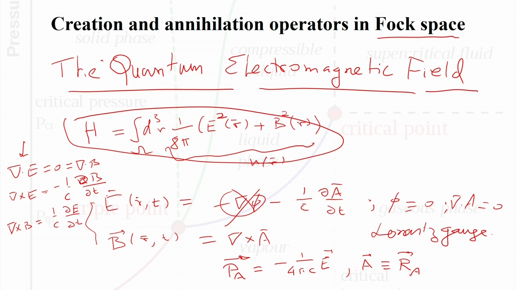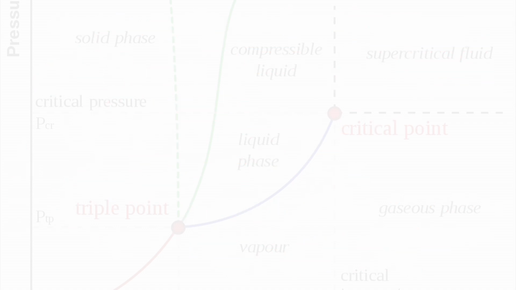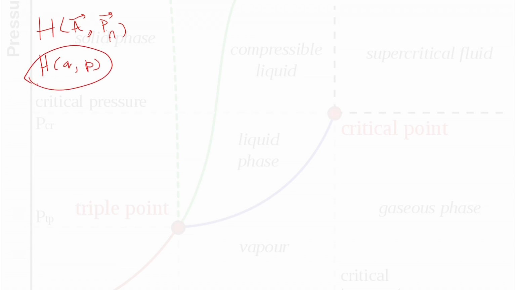So now the Hamiltonian is expressible in terms of this generalized position and this generalized momentum. This is the analog of what we would be writing in the classical mechanics language. This is your phase space, but now remember that Q and P are operators, and we are going to interpret it that way.